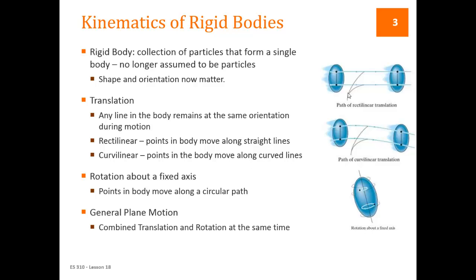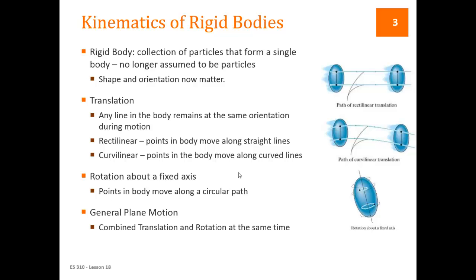In translation, any line in the rigid body stays in the same orientation, but it will move. So this vertical line on this body, if it's rectilinear translation, will move along a straight line. If it's curvilinear translation, this vertical line stays vertical, but it moves along a curve.